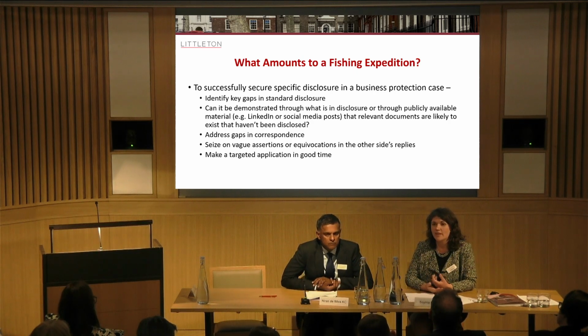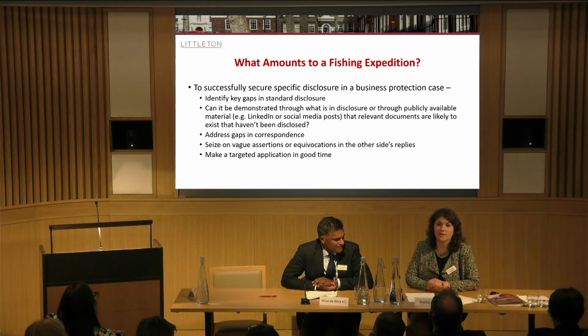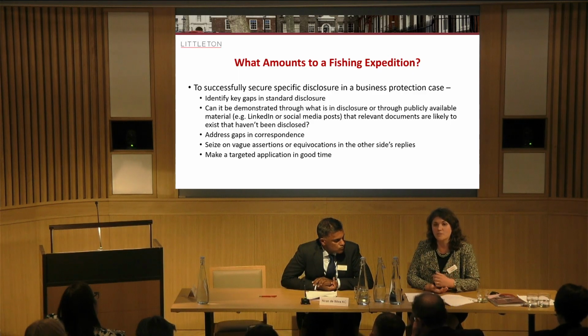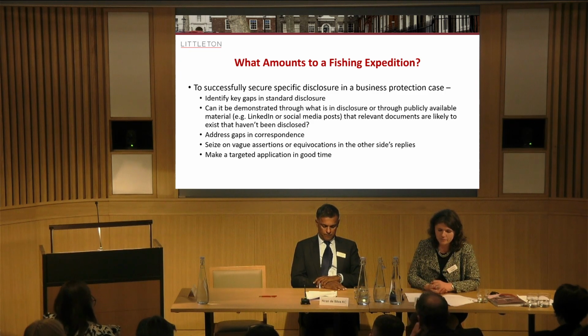For example, in the DARE case that Adam and Lottie talked you through, there were LinkedIn posts that suggested that a new recruit had taken the job of our client, the second defendant. We used that as the basis for seeking specific disclosure about that individual's role from the claimants.